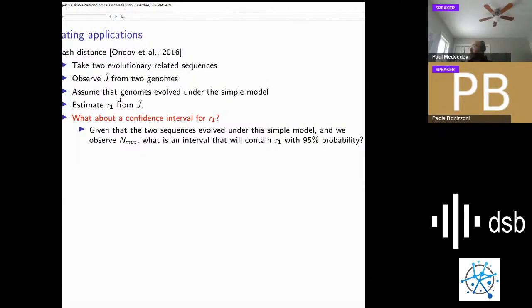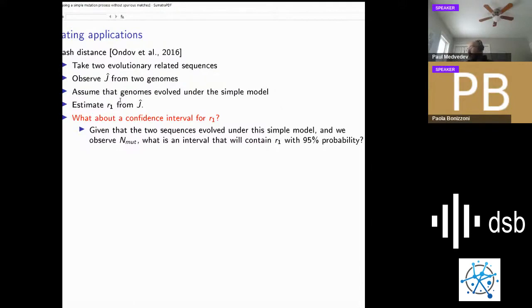The first is the Mash distance. This is a great paper from Ondov and colleagues in 2016, and it was actually part of Carol's talk already. So here we start with 2 evolutionarily related sequences. We observe this J hat, this MinHash Jaccard estimator, from the 2 genomes. And now we assume that the genomes evolved under the simple model which I just presented, and based on that get an estimate of R1 from J hat.